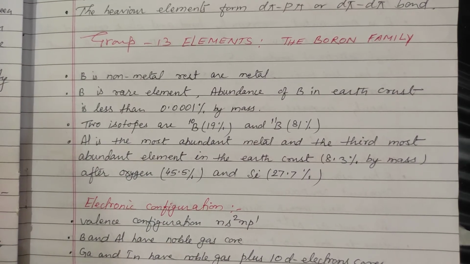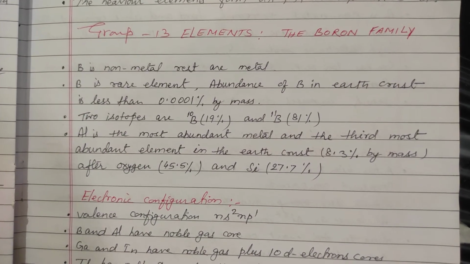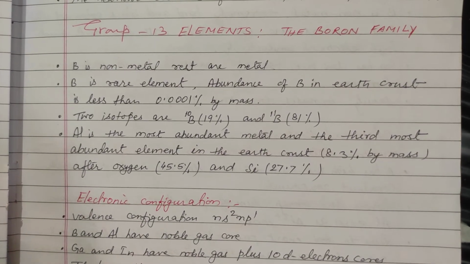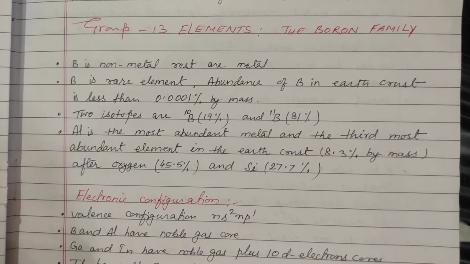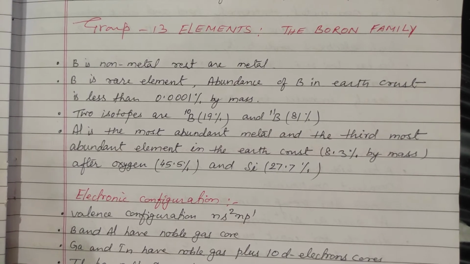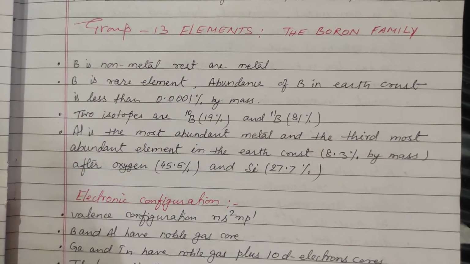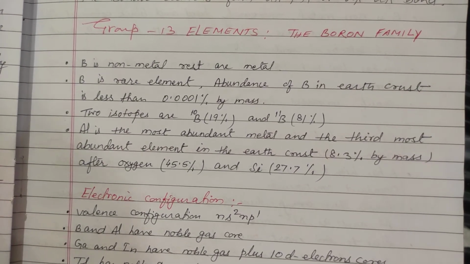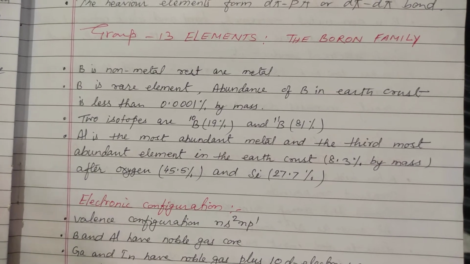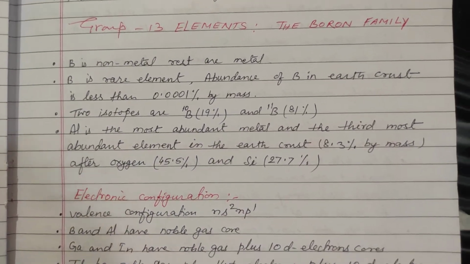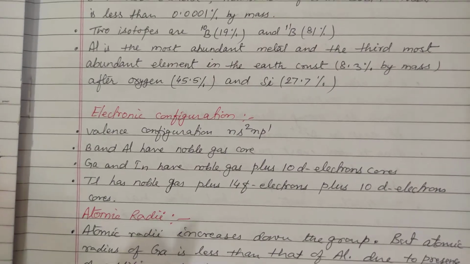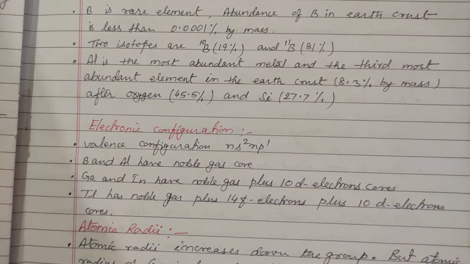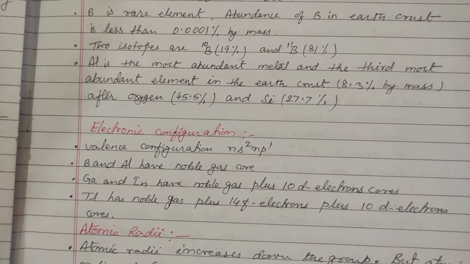B10 has 19% abundance and B11 has 81% abundance. Al is the most abundant metal and the third most abundant element in the earth's crust, 8.3% by mass, after oxygen, which is 45.5%, and silicon 27.7%. Now, the electronic configuration of group 13 is ns2 np1. B and Al have a noble gas core.